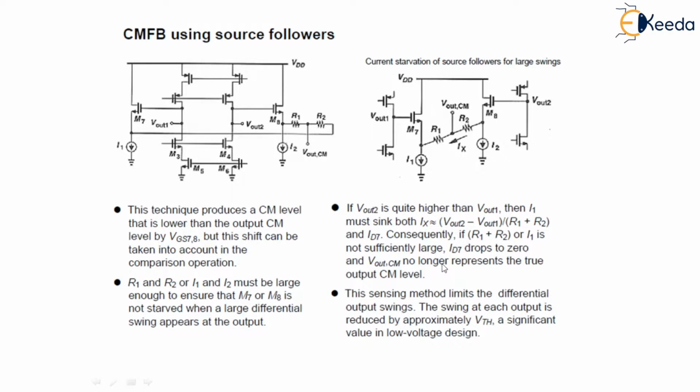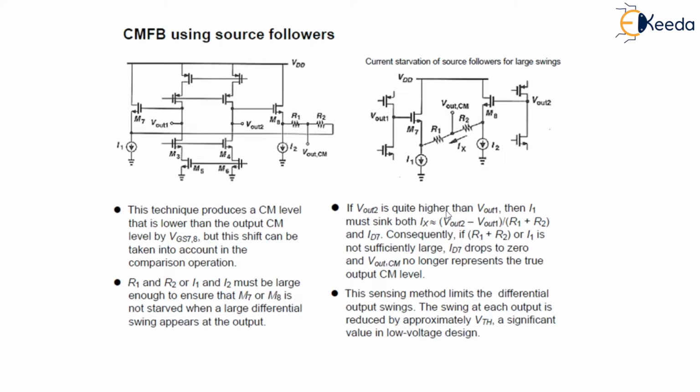This Ix is given as (Vout2 - Vout1)/(R1 + R2). Consequently, if R1 + R2 or I1 is not sufficiently large, then ID7 drops to 0 and Vout CM no longer represents the true output common mode level.